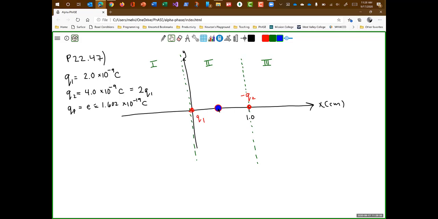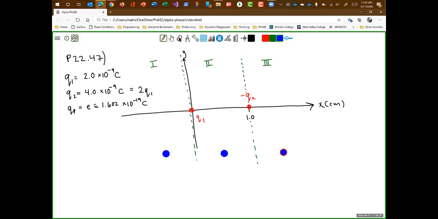Are the forces pulling the charges to the left? Are they pulling the charges to the right? We don't know. So what I'm going to do is take this proton and sketch qualitatively how the electric forces will act on the proton in the 3 different regions.